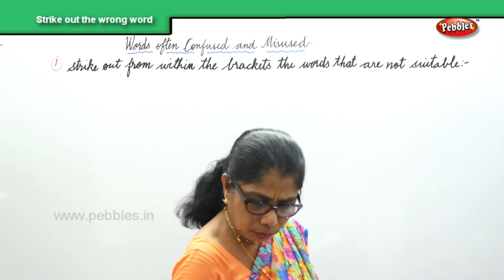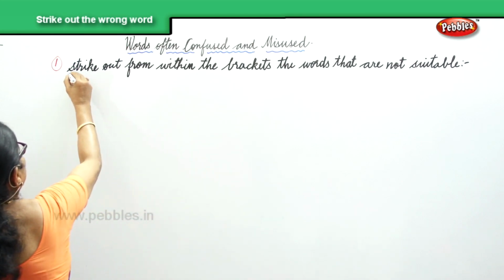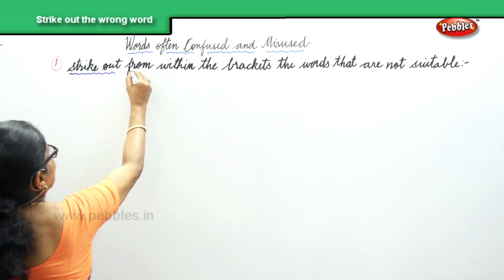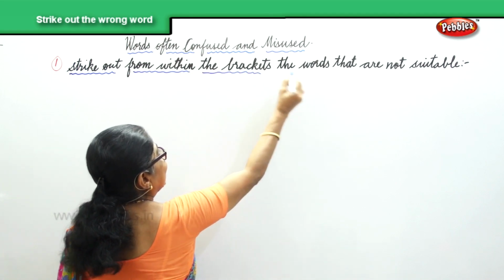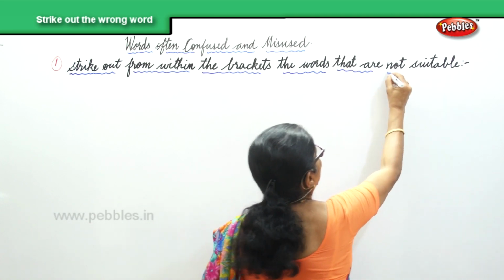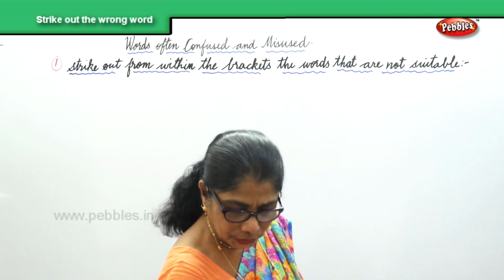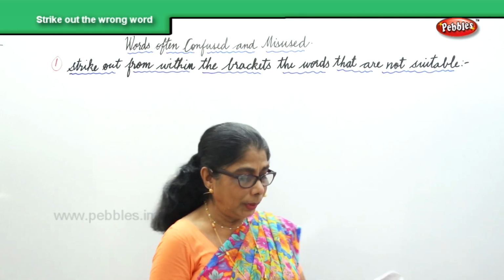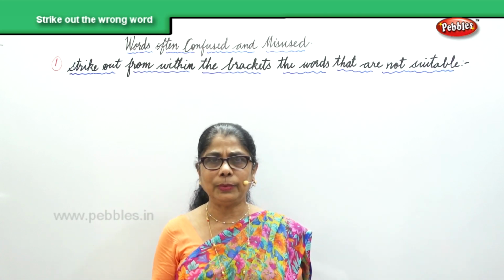We're going to strike out the words that are not suitable. Okay, so then we will have the complete sense of the sentence when you take away the wrong word, incorrect word, or the misused word. Now I'll put down the sentences for you with the two words, the right word and the wrong word, and then later we'll strike it out.